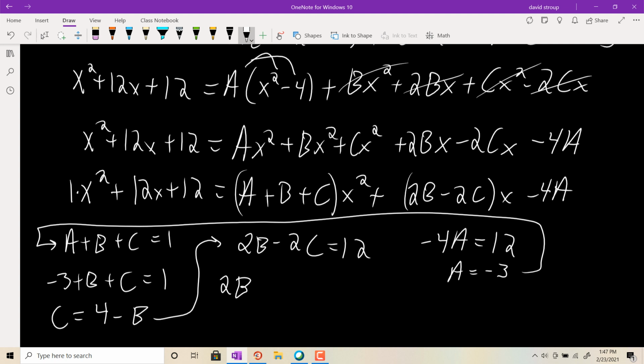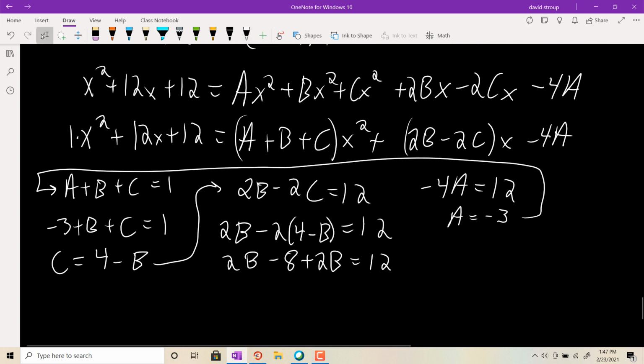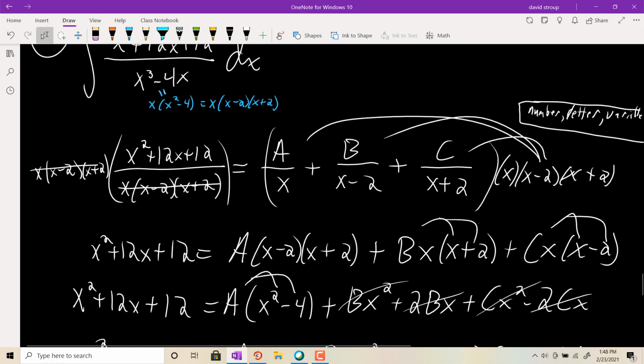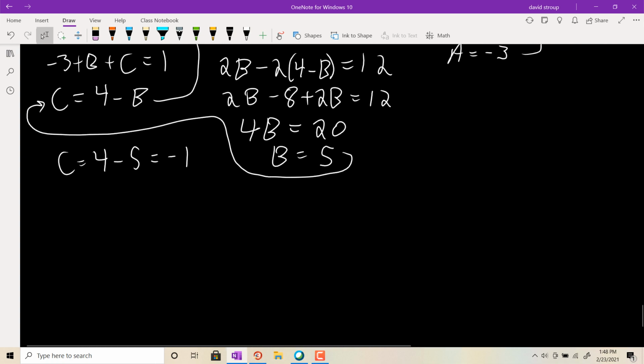So I have 2b minus 2 times c, which is now 4 minus b, equals 12. And then I'll have 2b minus 8 plus 2b equals 12. And then 4b equals 20, and so b is 5. And then finally I could plug that into here, and I get c equals 4 minus 5, which is negative 1. Okay, so I have my a, b, and c terms, and now I can proceed with my integral.